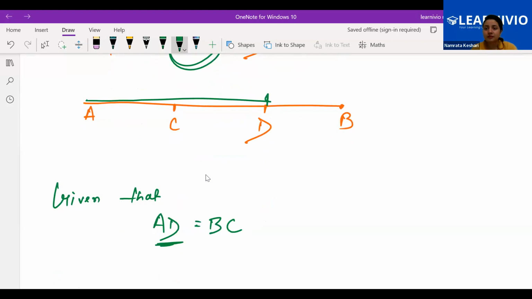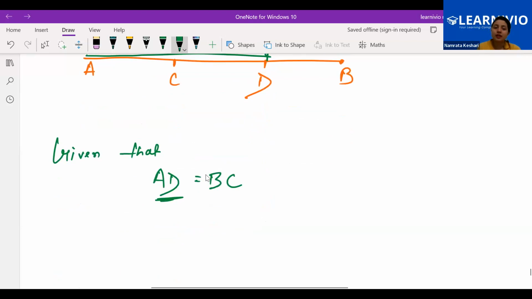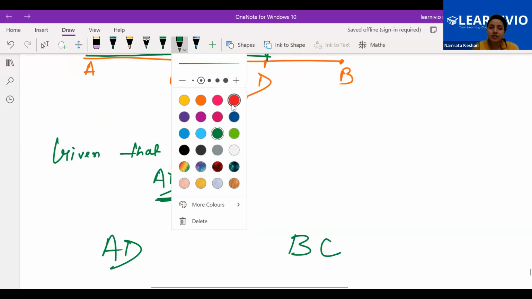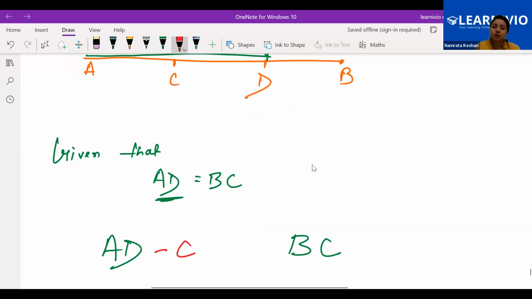Yes, CD. Okay, so from AD and BC, which are already equal, can we subtract CD from both sides?